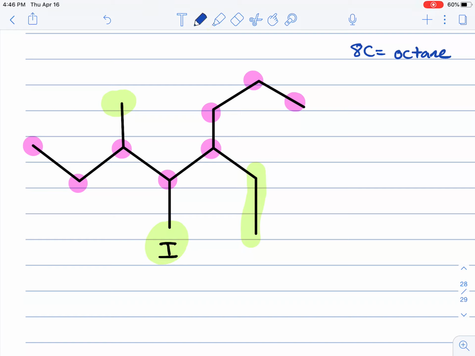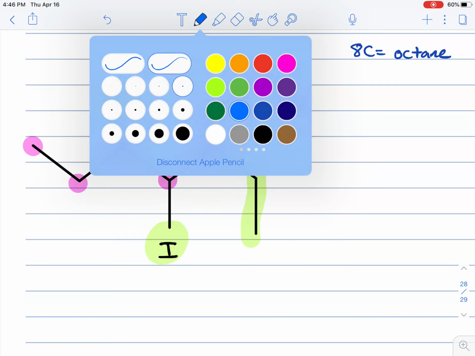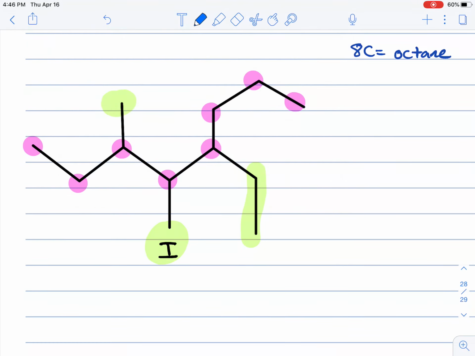Okay. And so we need to figure out how we're going to number our carbon chain, left to right or right to left. And so I'll go ahead and change my color to blue to represent left to right. 1, 2, 3, 4, 5, 6, 7, and 8.